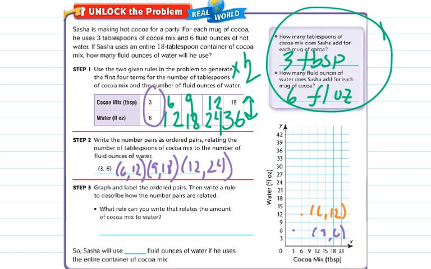I'm going to do my next ordered pair at 9, 18. And my next ordered pair is going to be at 12, 24.